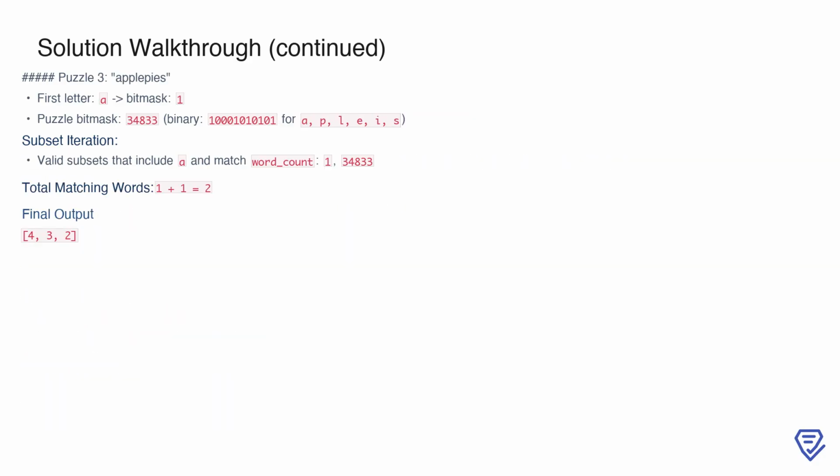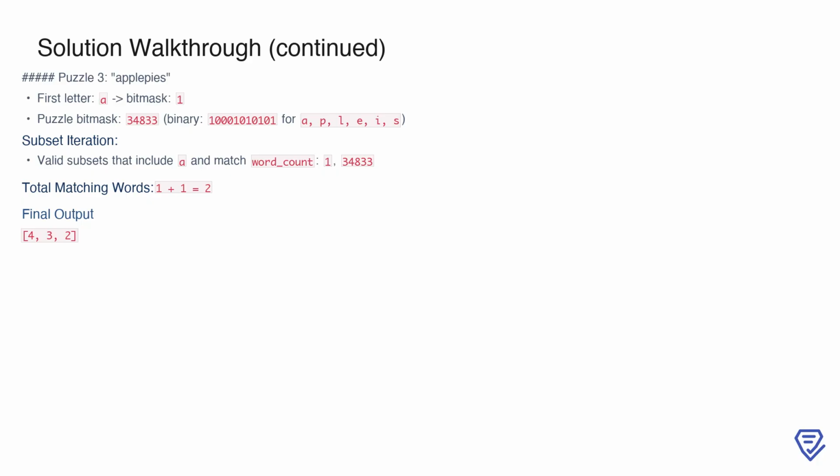Finally, we turn to the third puzzle, applepies. Here, the first letter is still A, with a bitmask of 1. The puzzle bitmask, however, is different, calculated as 34833, representing the characters A, P, L, E, I, and S. As before, we iterate through all subsets of the puzzle bitmask, ensuring each subset includes the first letter A. Among these subsets, the valid ones that match our word_count dictionary are 1, corresponding to the word AAA, and 34833, matching apple.